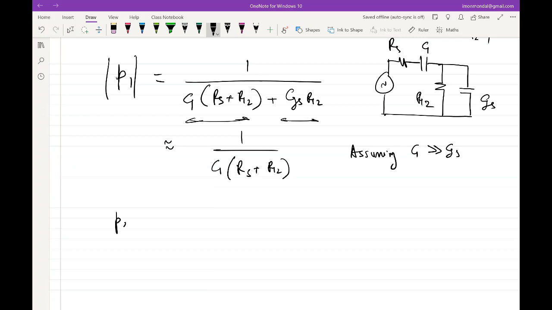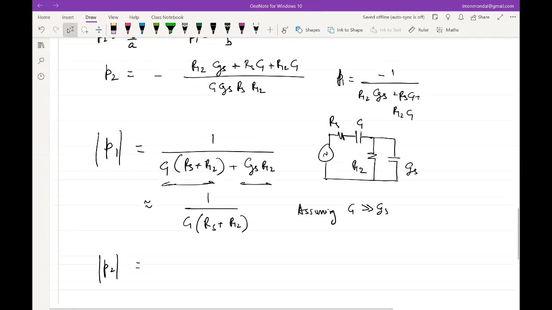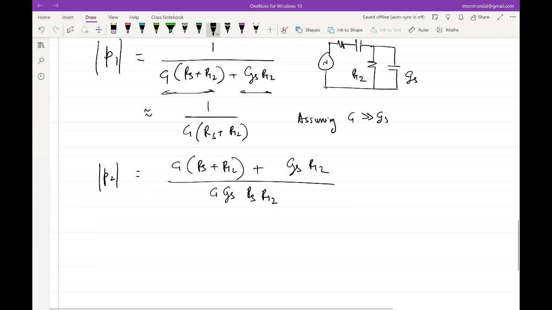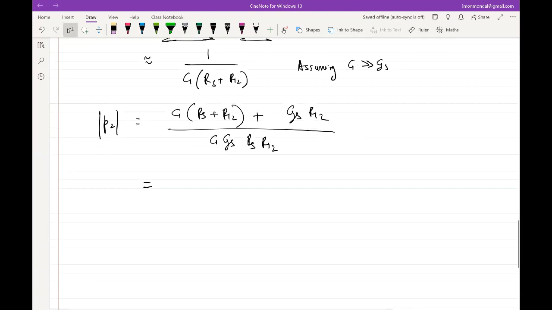Right? So that is fine. What about P2? So let's see P2. C1 is dominant, so we'll club C1 together again. So this becomes C1 Rs plus R12 plus CGS R12. Let's break apart these two. So this becomes Rs plus R12.